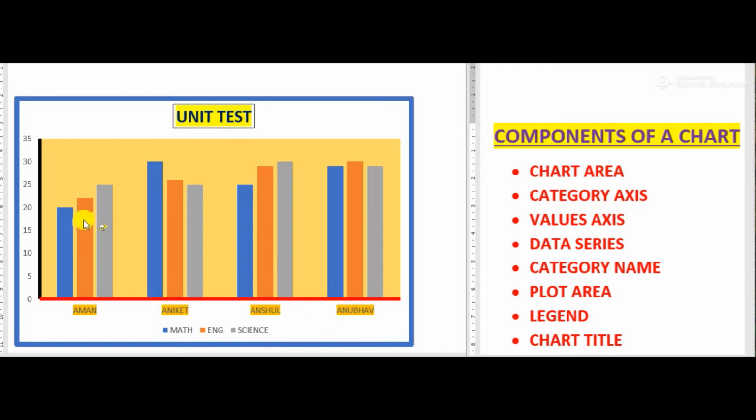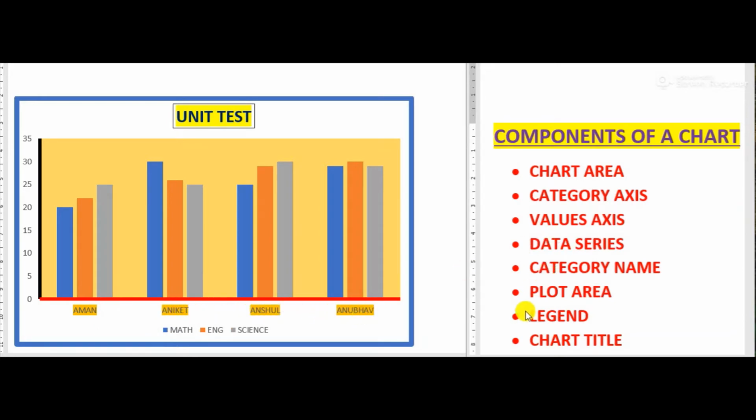We can observe that multiple data series are present in this chart, which is why we have different colors for the bars. So these are the data series. The next component is category name. What is category name? Category names are the labels which are displayed on the x and y axis. Here we can observe Aman, Aniket, Ansul, Anubhav. These are all category names.